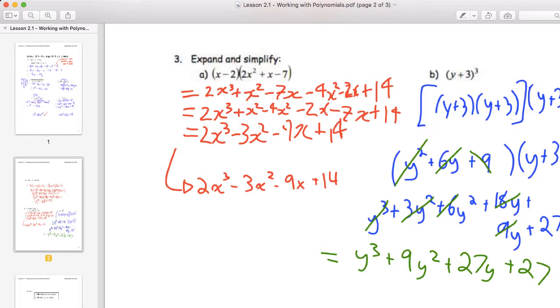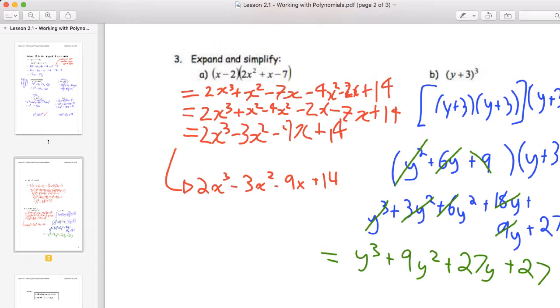So I moved on over to the 6y, and we have 6y times y, and we added that down as 6y squared. And then 6y times 3 became plus 18y, and then I was done with the 6y, so I crossed it out. And then I moved on to the 9. So I have plus 9 times y, which is 9y, and plus 9 times 3, which is plus 27.